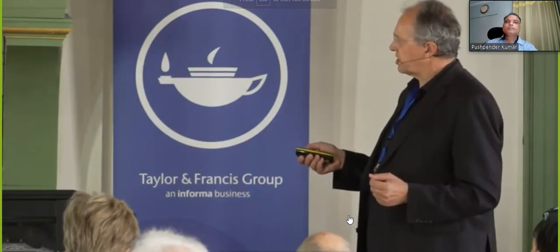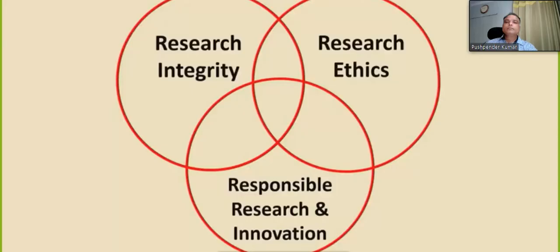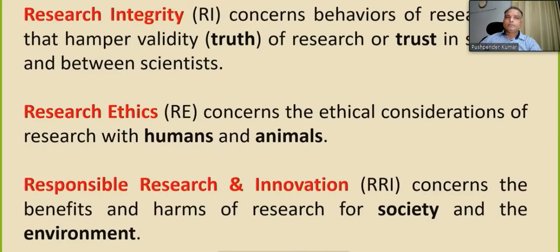Research integrity has obviously some overlap with research ethics, and both of these concepts have some overlap with what we call in Europe responsible research and innovation, which is the societal relevance of research. To me, research integrity concerns the behavior of individual scientists, of individual investigators.